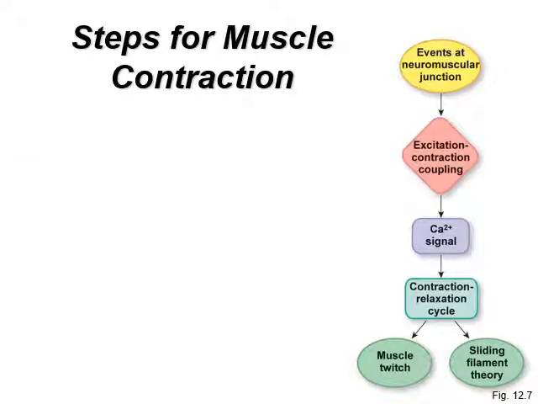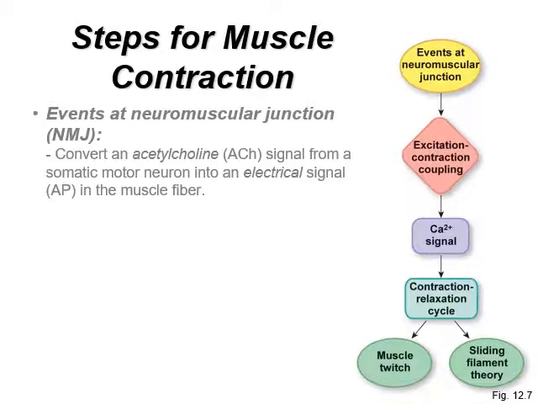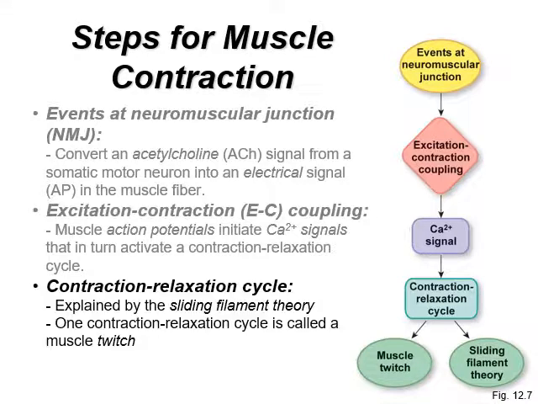Okay, so we've got the gist of how the muscle shortens by those sliding filaments. Those filaments are sliding against one another. But let's put it all together. Let's put together all the events that have to take place to make this muscle contract and how we actually get those filaments to slide across one another. There are three major events.